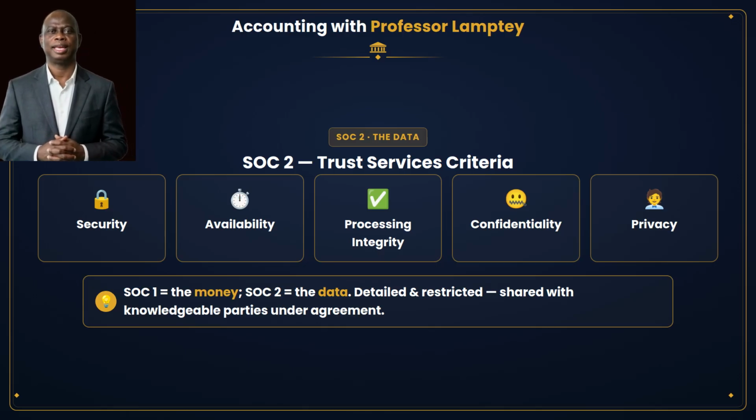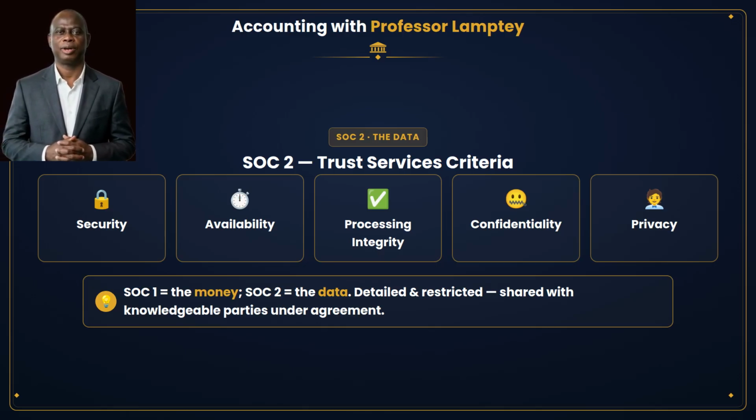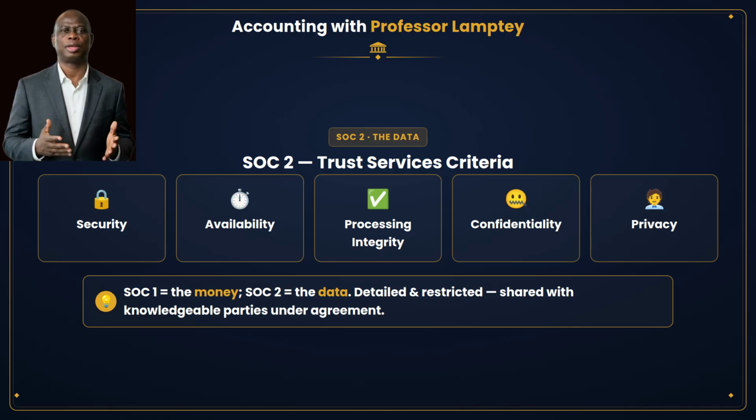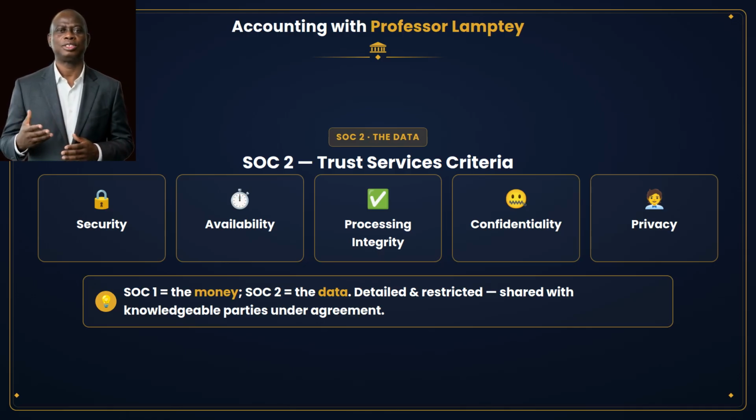SOC 2 is about the data, security, and operations. If our provider stores sensitive customer data, we'd want their SOC 2 to know they protect it. SOC 2 is detailed and restricted use, shared only with knowledgeable parties like customers and regulators, usually under agreement, because it exposes how the system works.